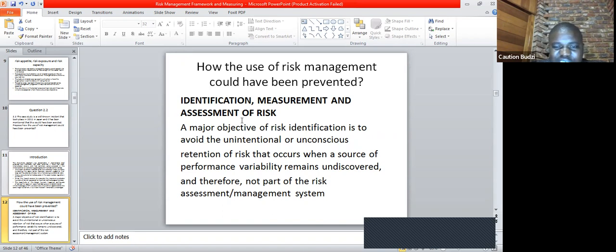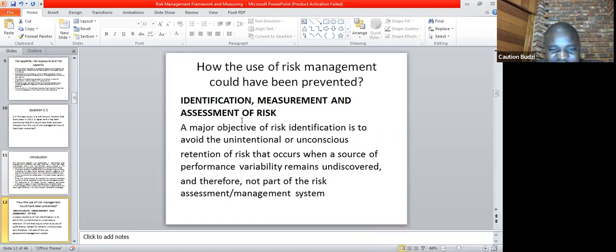So they didn't do adequate risk measurement and assessment in this regard. So it was necessary for the company to invest in risk identification, risk measurement, and risk assessment.